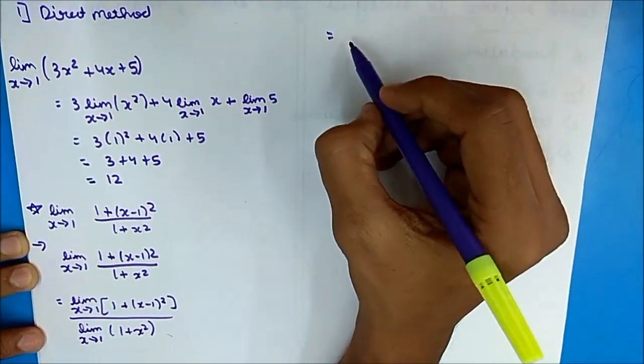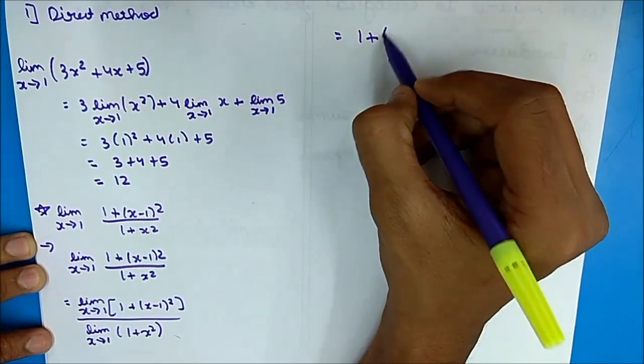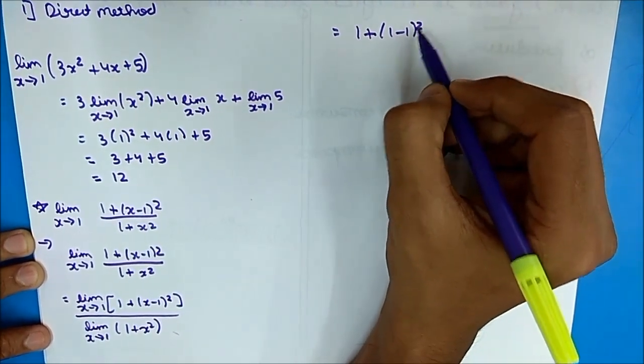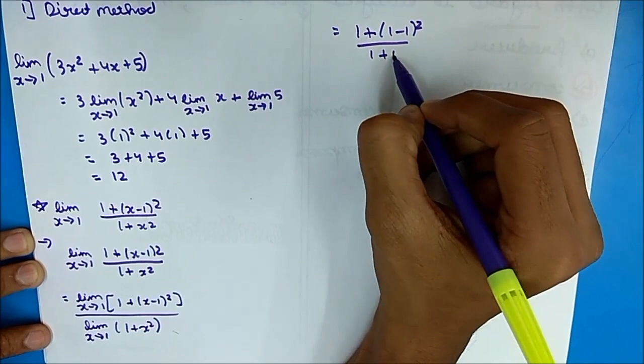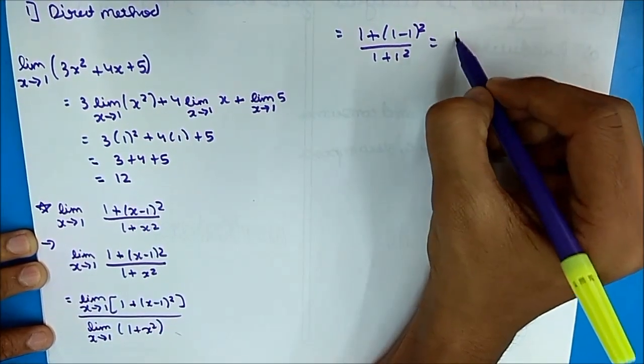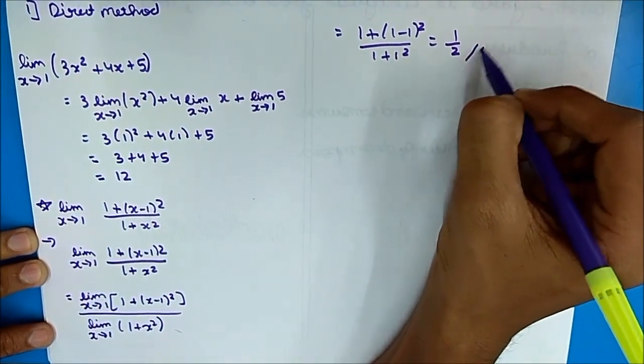Now we will put the values: (1 plus 1 minus 1) the whole square upon 1 plus 1 square, that is 1 by 2, and your answer is done.